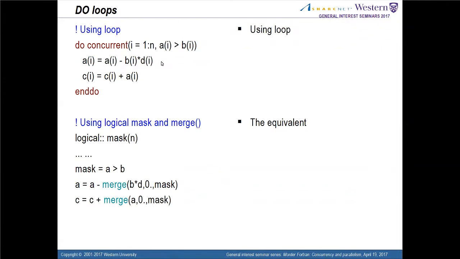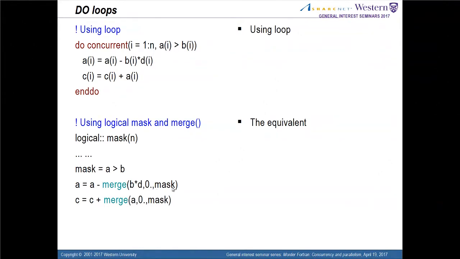Instead of using a loop, one can use this form to calculate the mask first, and then write the two lines, which do exactly the same thing as the iterations within the loop, depending on the value of the mask.